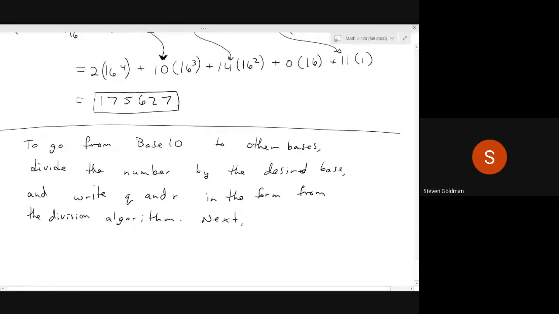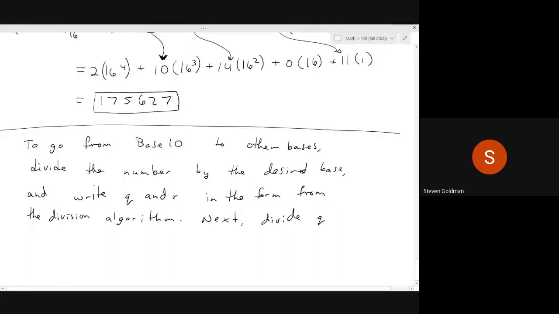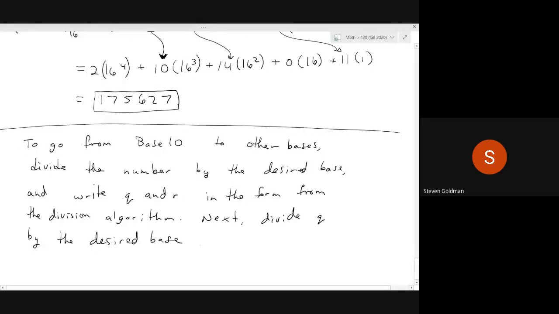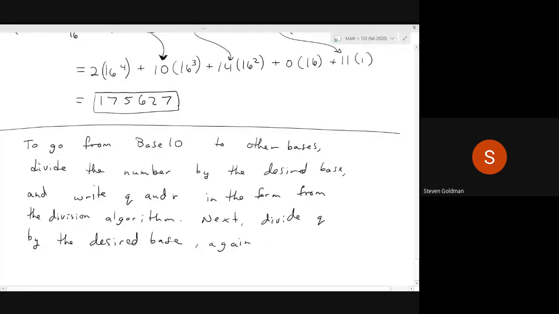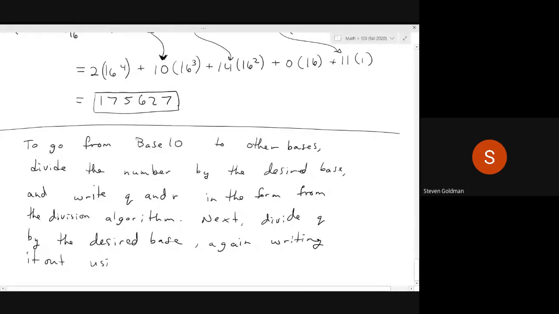Next, divide Q, whatever your quotient was, by the desired base, again writing it out using the division algorithm.